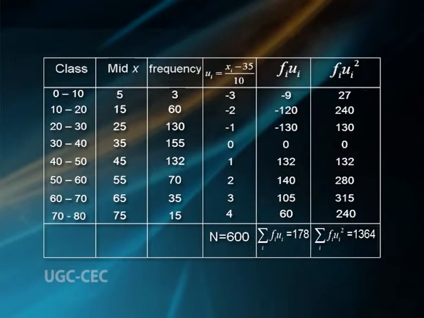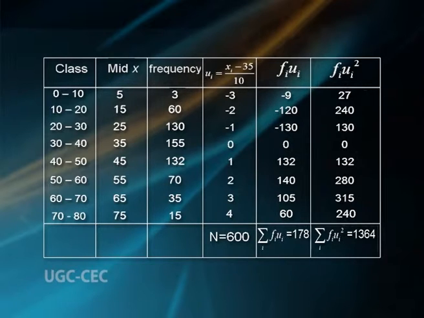The calculations are as follows. Classes 0 to 10, 10 to 20, 20 to 30, 30 to 40, 40 to 50, 50 to 60, 60 to 70 and 70 to 80. The mid values of the classes, x values, 5, 15, 25, 35, 45, 55, 65 and 75.